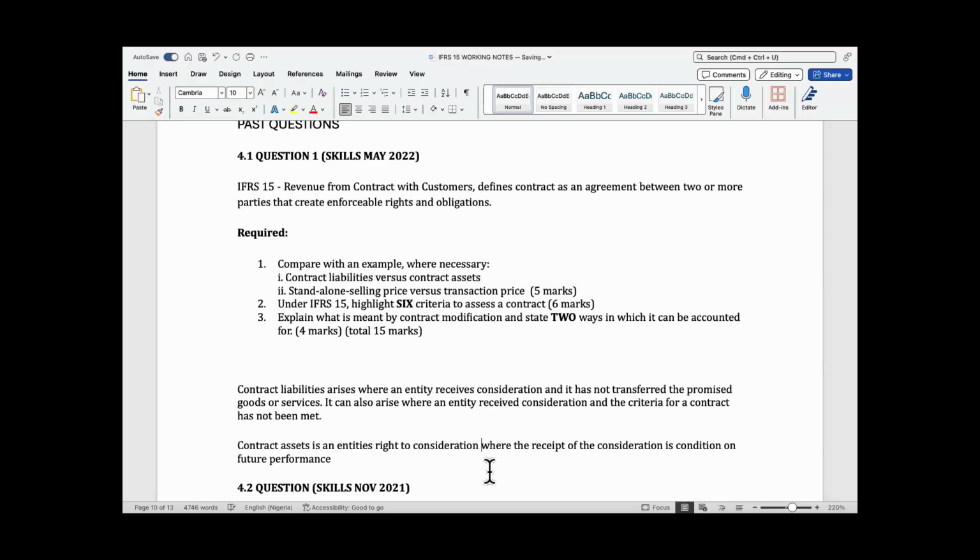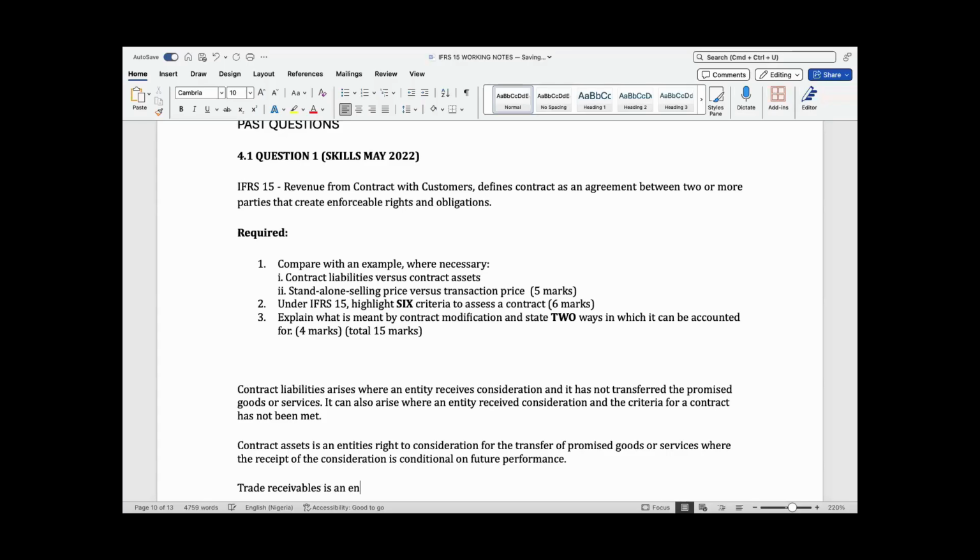Let me write it in full. A contract asset is an entity's right to consideration for the transfer of promised goods or services, where the receipt of the consideration is conditional on future performance. You see, contract asset is different from trade receivables.